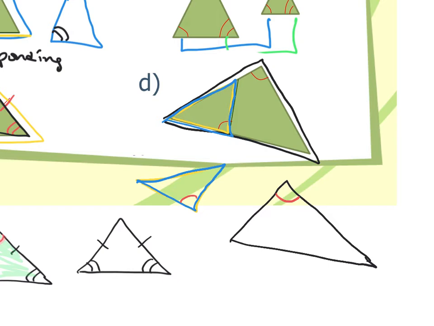And maybe it might be more helpful if I add letters. So like this is A, B, C. So this would be A, B, C. And then I could put like a D and an E here. So A, D, E. And then notice that this angle A here is the same A that's in both of them.